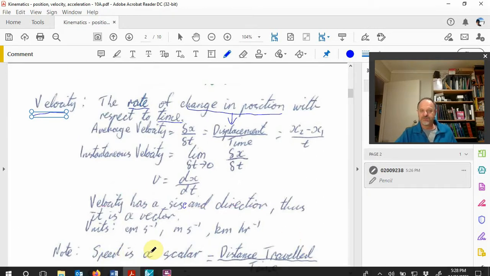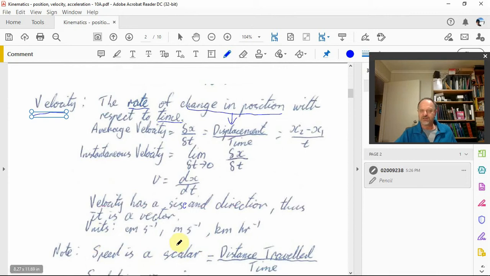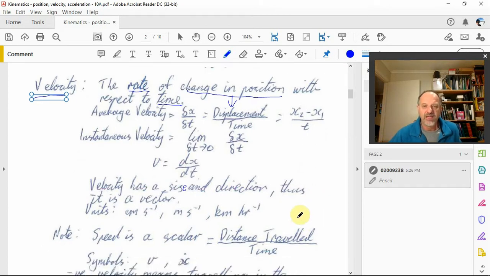Speed's a scalar, so there's no direction involved. And not only that, it also incorporates the distance travelled. So not the displacement, but the actual distance travelled. Again, we'll go over that more in an example.